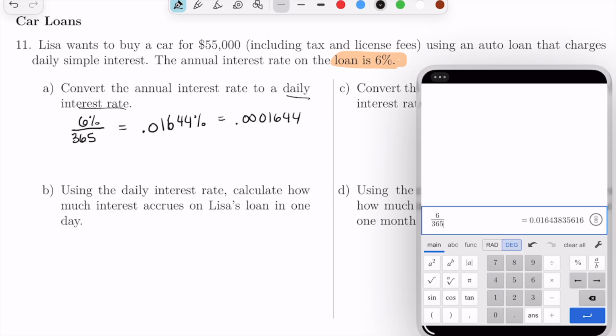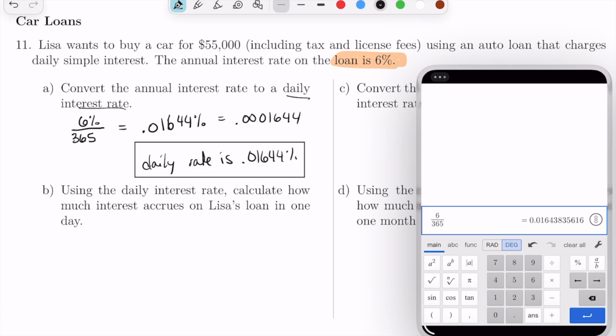I think it makes more sense to say that the daily rate is 0.01644%. Now, as we continue through this problem, I'm not going to use this rounded number.